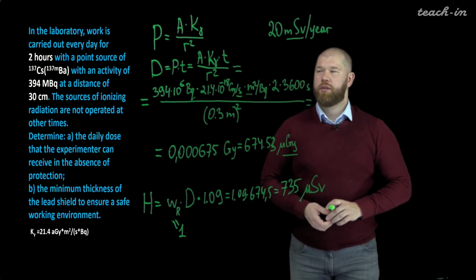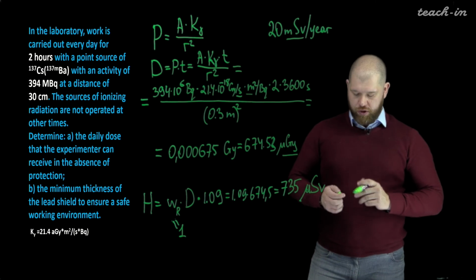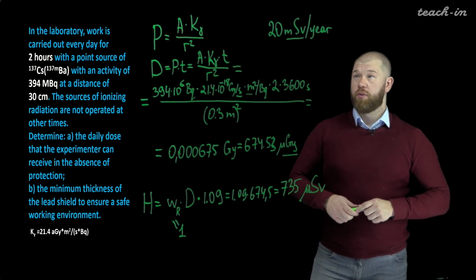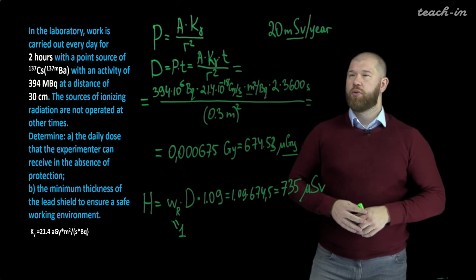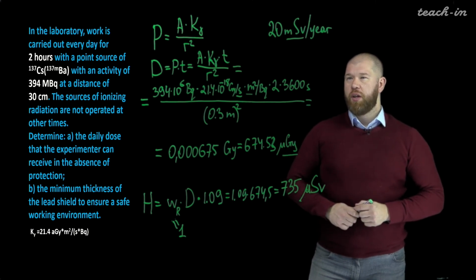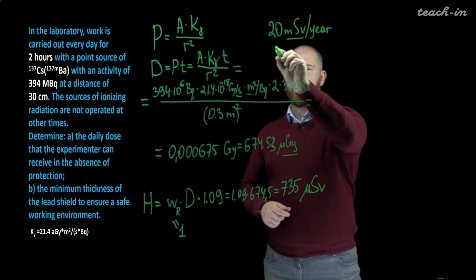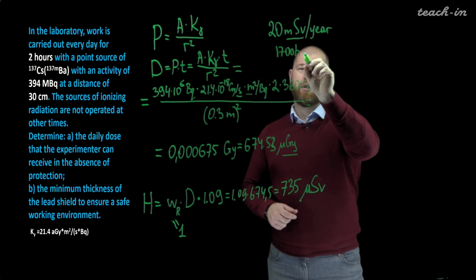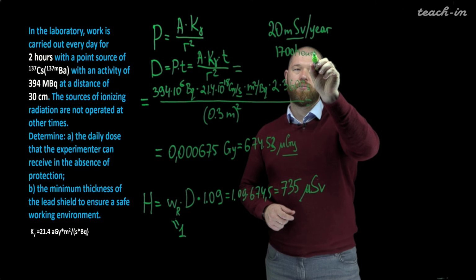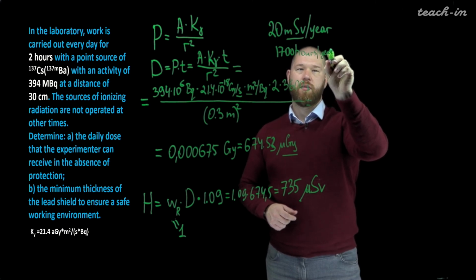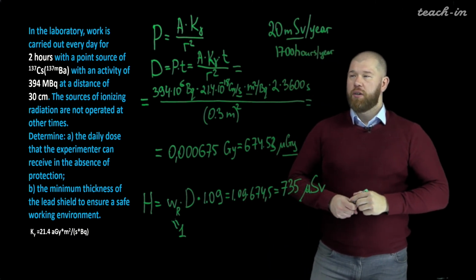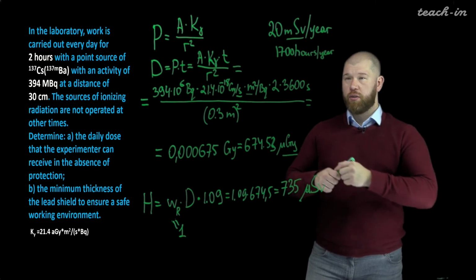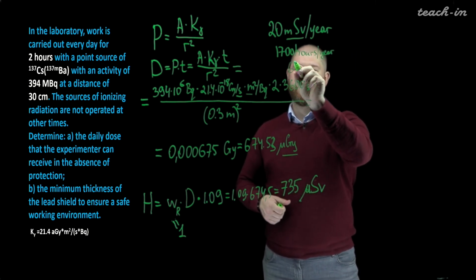We know that the allowed dose for the researcher is 20 millisieverts per year. And we know that researchers are working 1,700 hours per year, and also they work 6 hours per day.